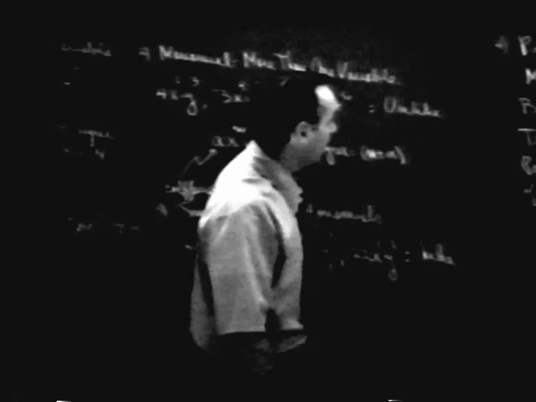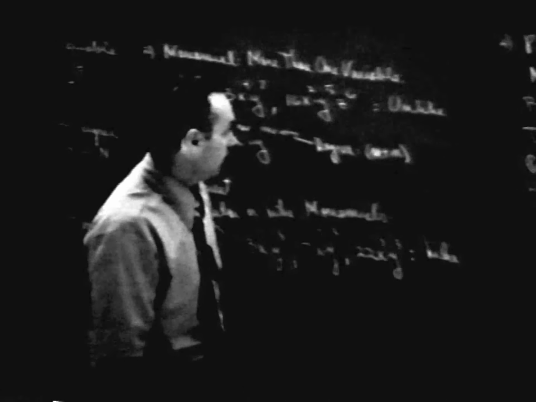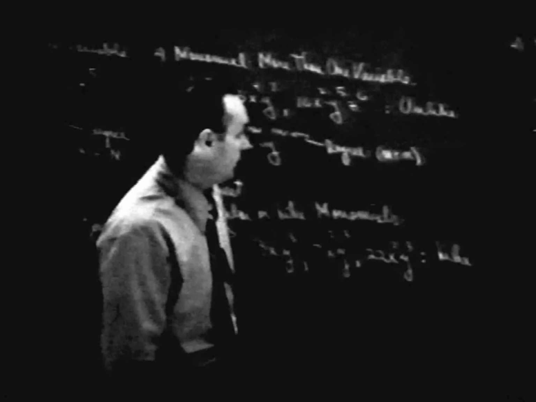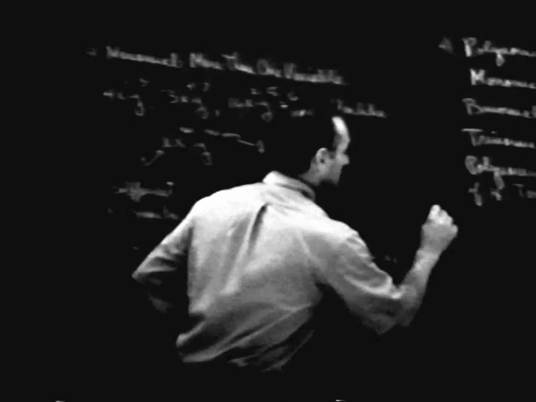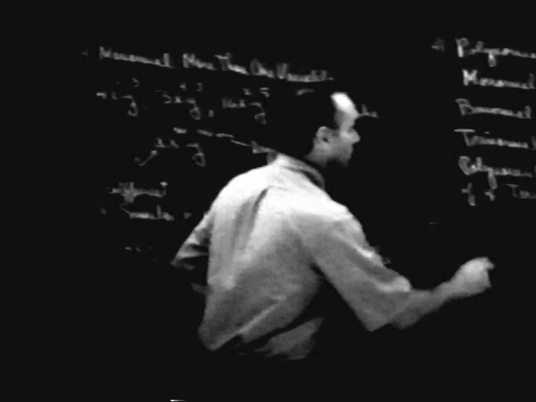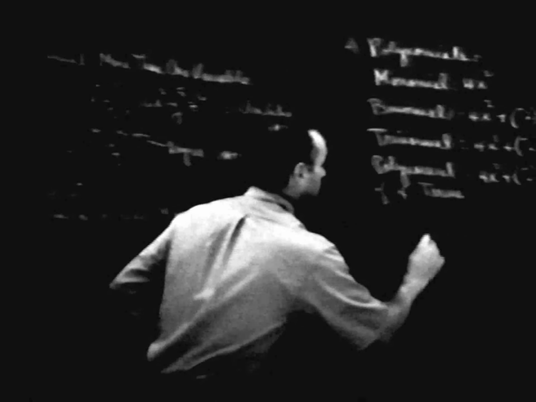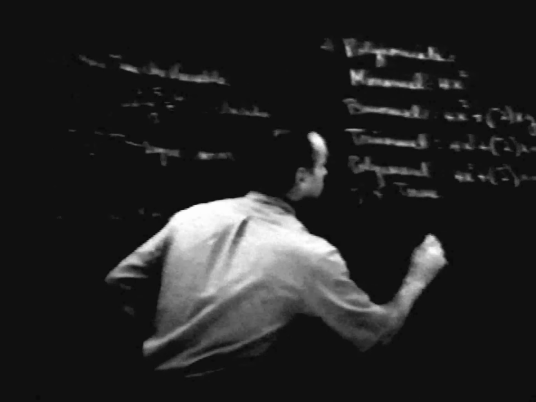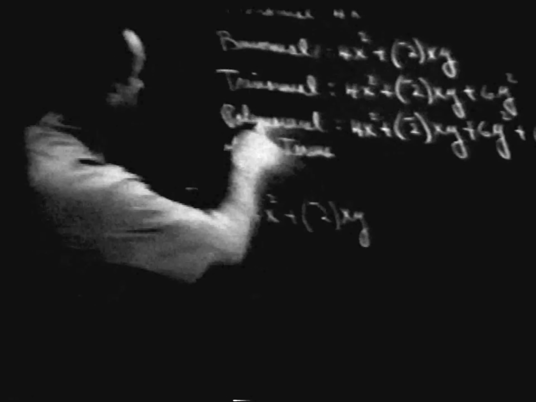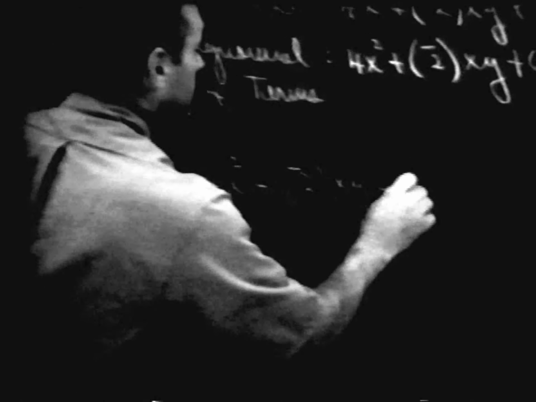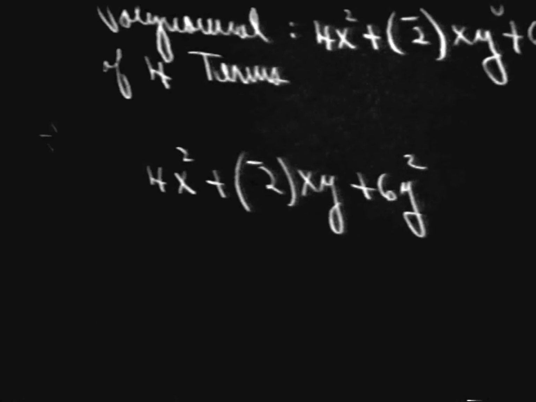Now, let's look at a polynomial and decide one other thing, all right? Suppose I took a polynomial, well, let's write one such as this, 4x squared plus a negative 2xy. Let's just take that trinomial there and repeat it, plus 6y squared, okay?